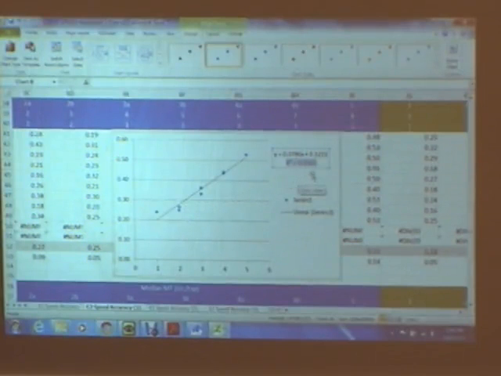If it's greater than 0.5, it's typically considered okay. Below that, I think there's another level at 0.3 that's kind of acceptable, but after that there's not really a linear relationship. Don't try to say that something increases with the other.